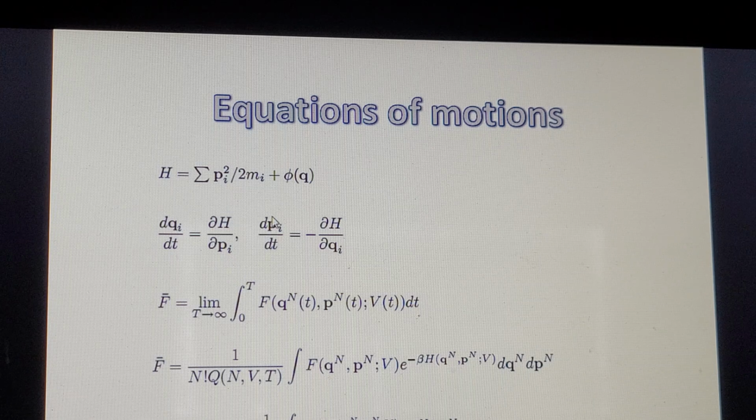So the derivative of the momentum with respect to time is equal to the negative of the partial derivative of the Hamiltonian with respect to the position. And you can also calculate the average force just by using this formula, and V is the velocity.